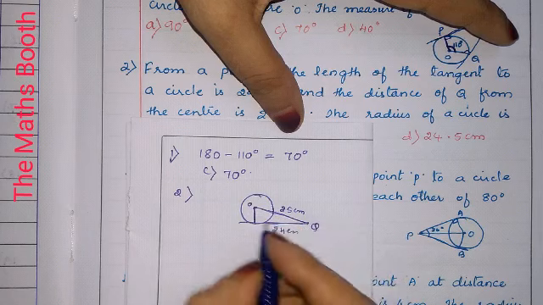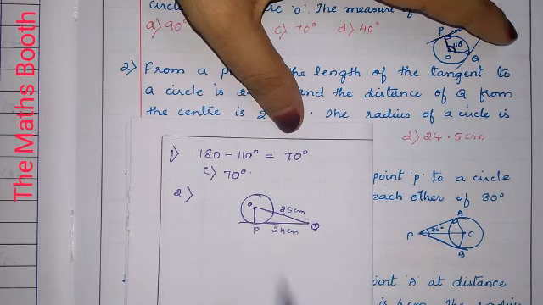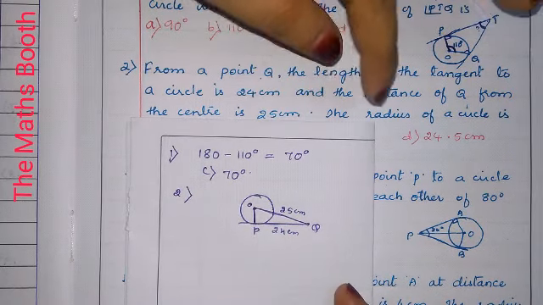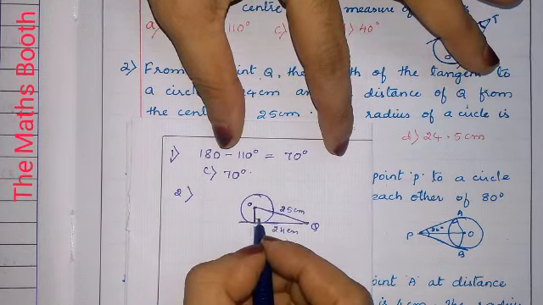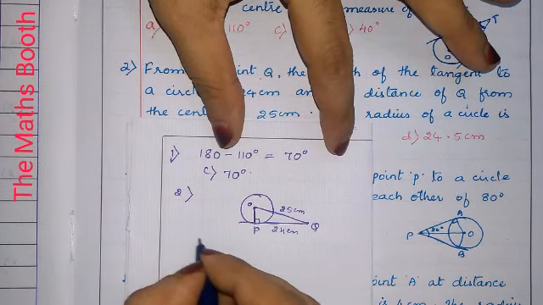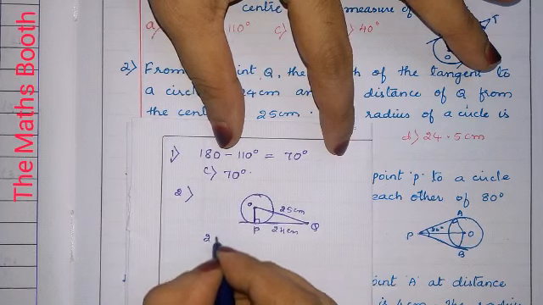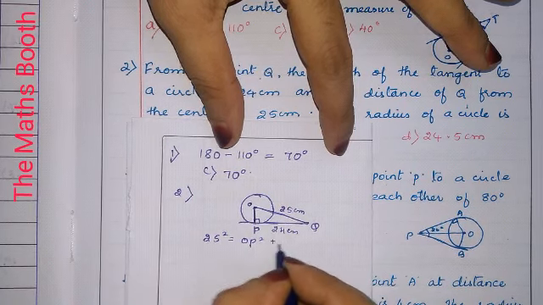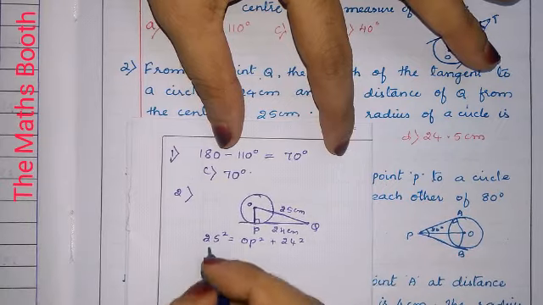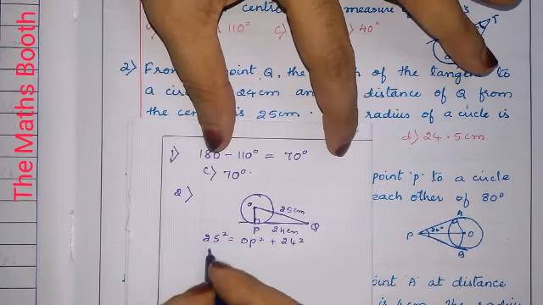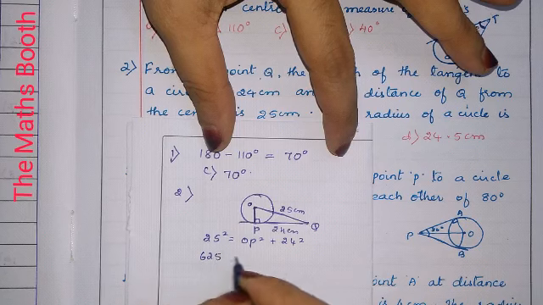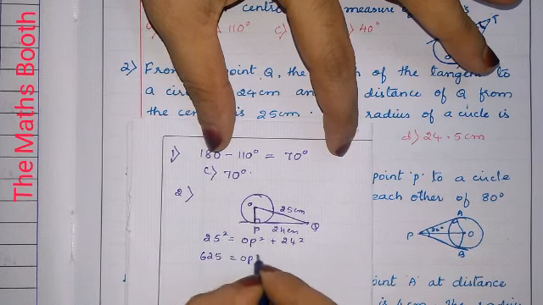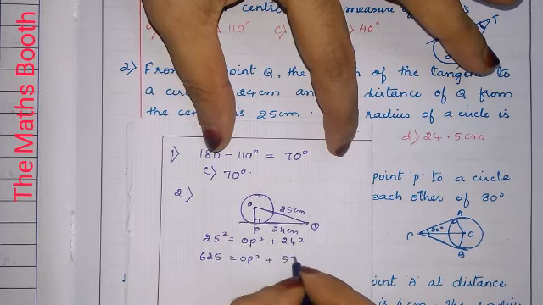O is the center, and I will write P. OP we have to find, the radius of the circle. We know that it is 90 degrees. So OQ square, that is 25 square, is equal to OP square plus 24 square. 25 square is 625, equal to OP square plus 576.